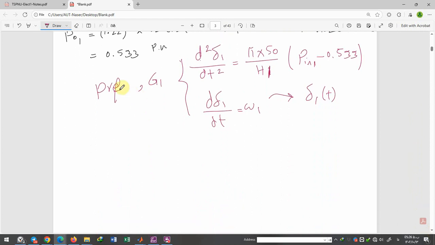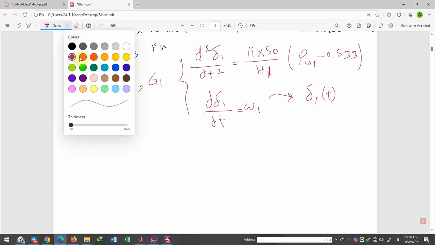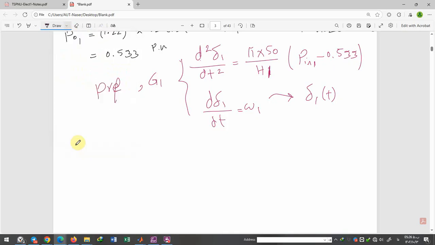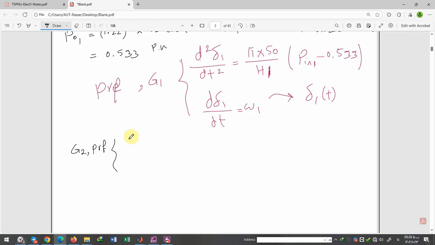This is for the pre-fault situation and for generator number 1. After that, for generator number 2 and the pre-fault situation, you have to do this procedure as we said before.